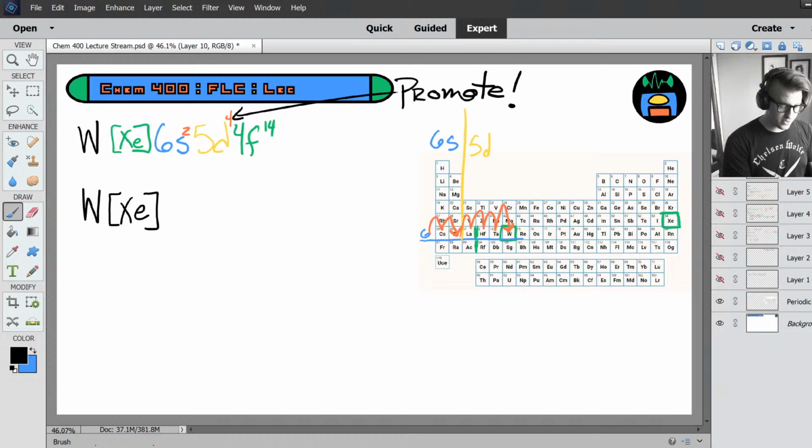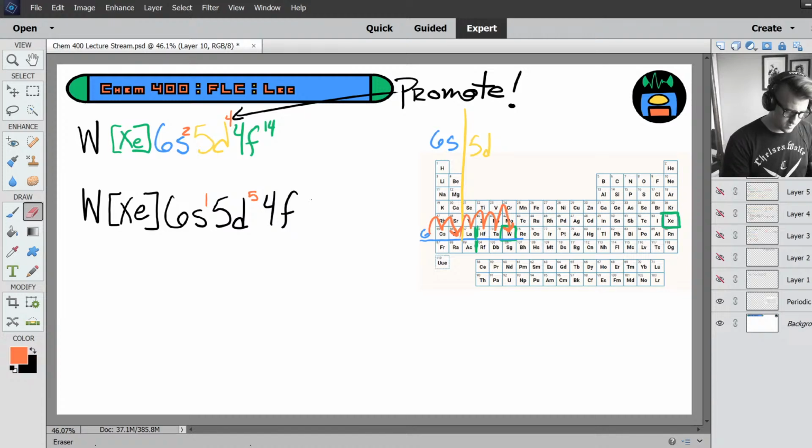The electron configuration will be xenon 6s1 5d5 4f14. So our orbital diagram will look like this.